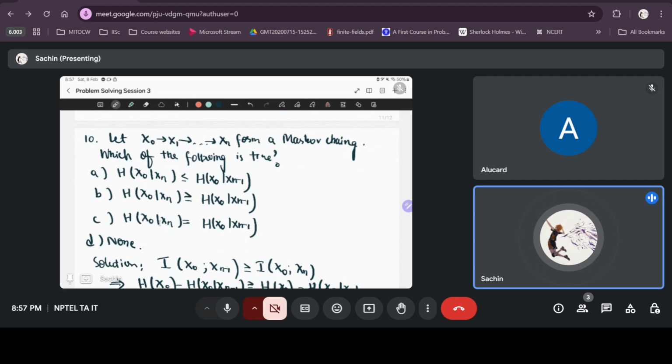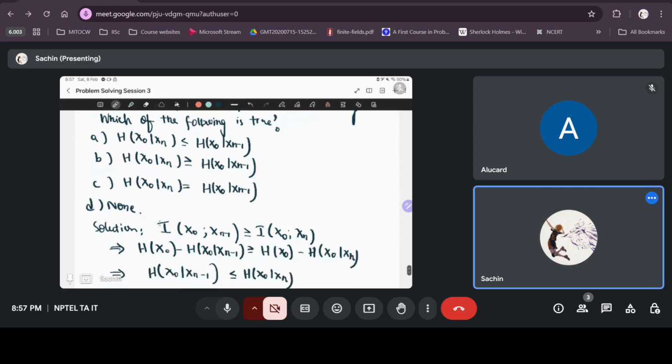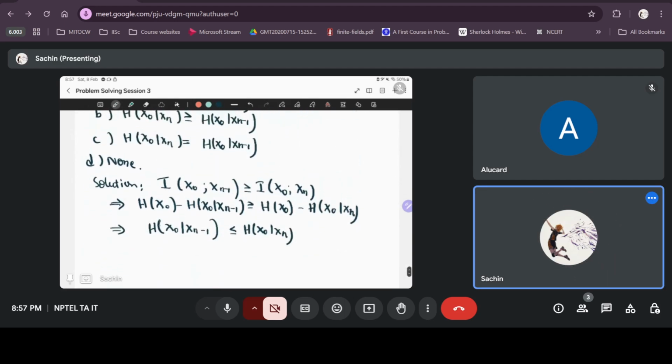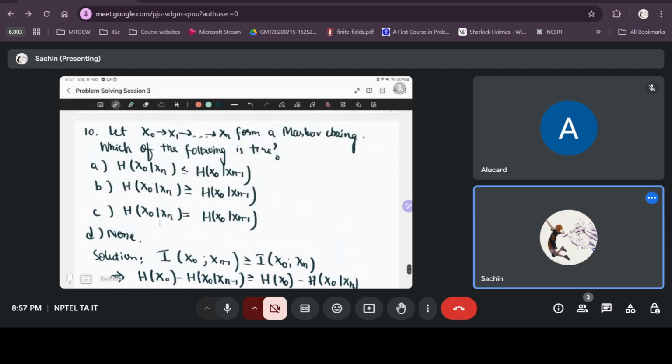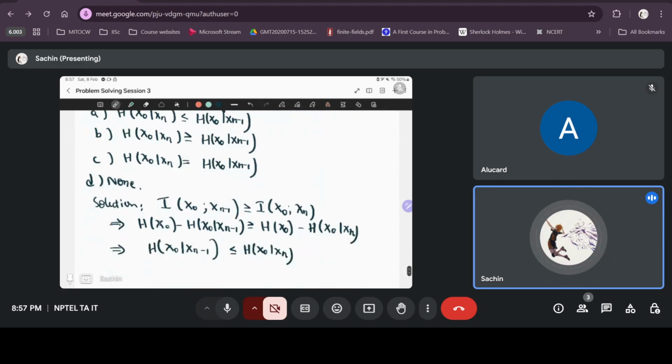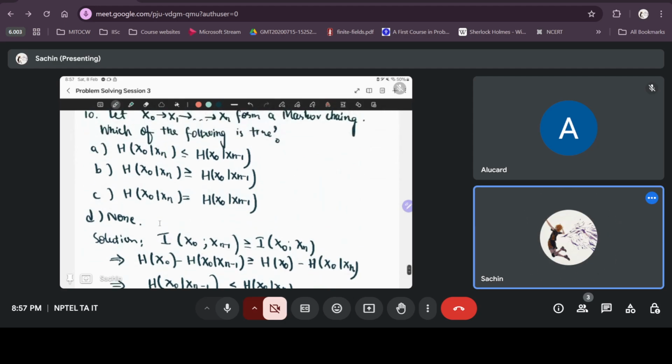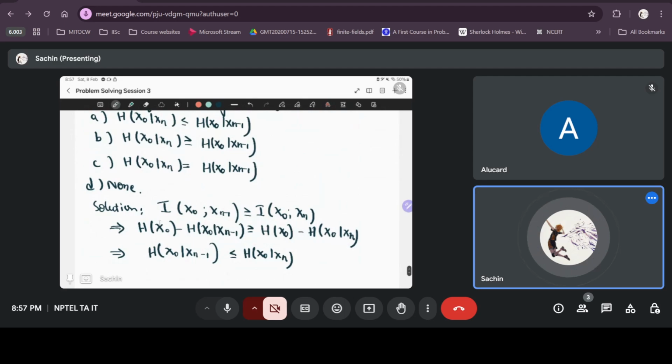Knowing x1 will reduce the entropy in x0 more than any of x2, x3, up to xn. You can say this is the entropy version of the data processing inequality. Answer is option B.